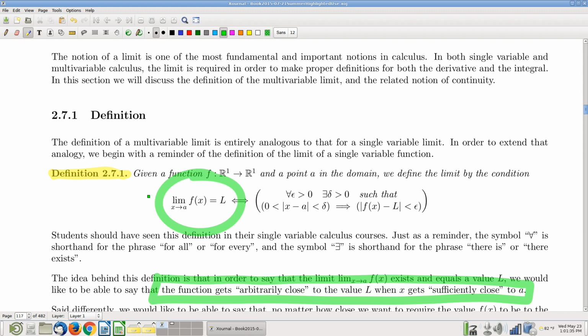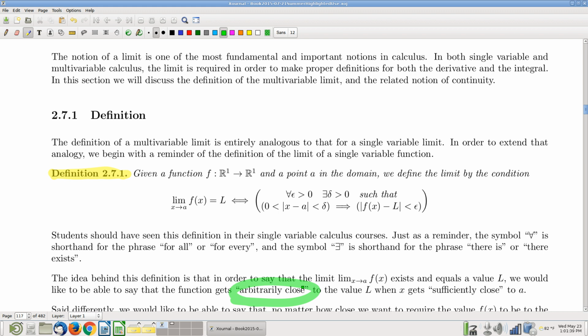Arbitrarily close. What does that mean? Arbitrarily close means no matter how close you want the function to get to L, we can make sure that it's that close to L. Arbitrarily, I mean, as close as you want it to be.